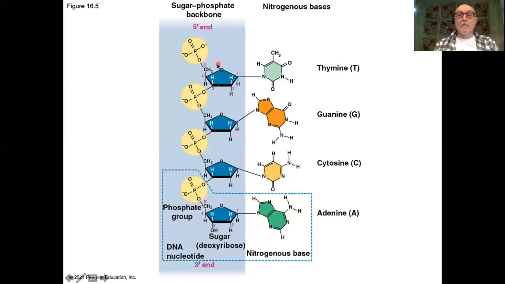So there is a backbone, and then poking out from the backbone like this, there are bases. And these bases can be present in any order. That's not to say that the order is random. It's not. It's very carefully structured, because locked into the sequence of bases here, as we're going to find out, is the code for the proteins that will eventually be made when all these processes are all said and done.